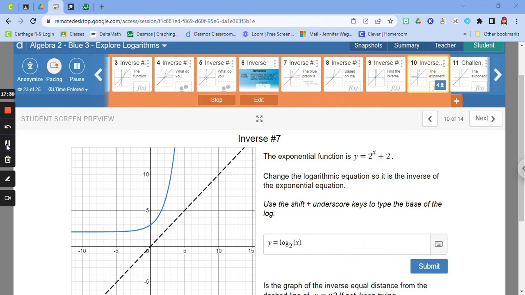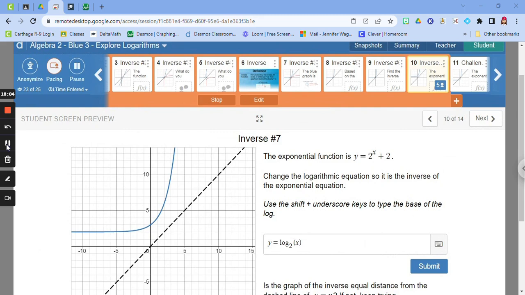So now the question becomes, if it's 2 to the x plus 2, where would that extra plus 2 go in your logarithmic equation to be the inverse of the one that's there? Somewhere in this logarithmic equation, you're going to have plus 2 or minus 2, whether it's inside the parentheses or outside the parentheses. So do some testing, see where it might go.